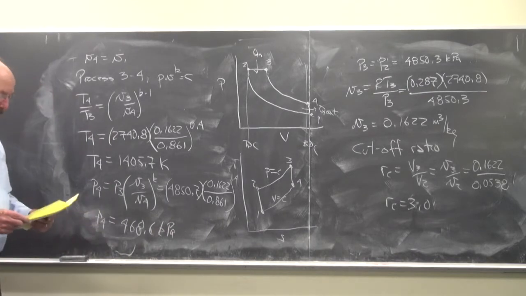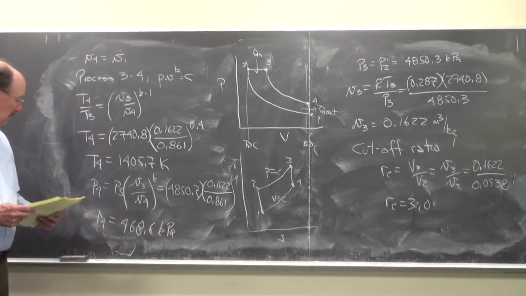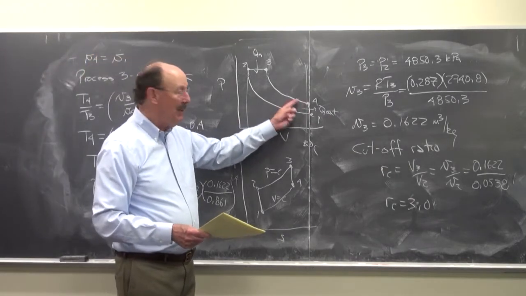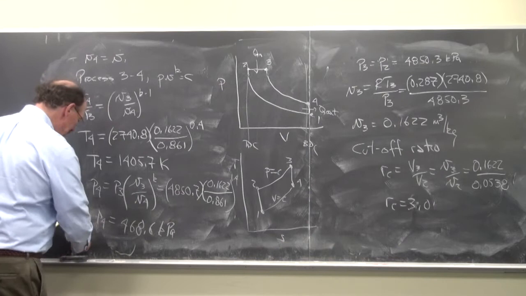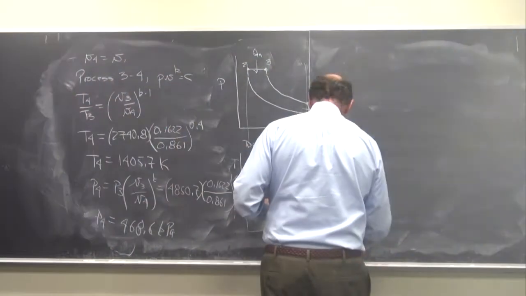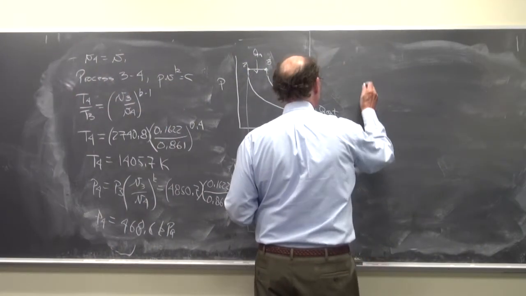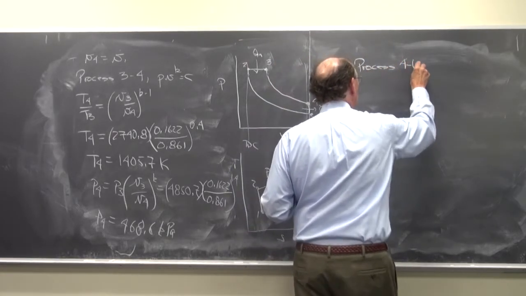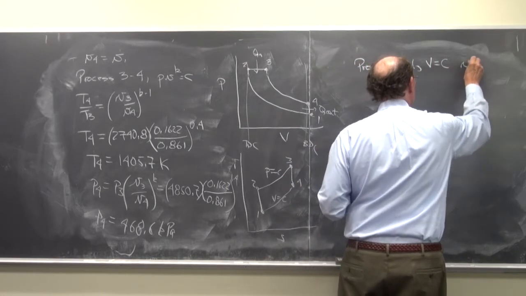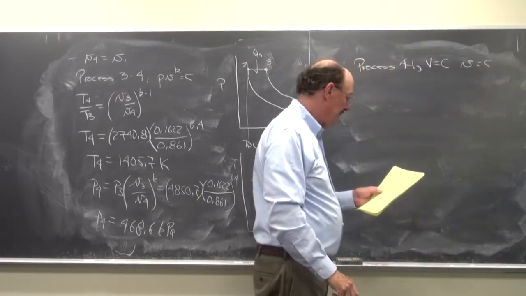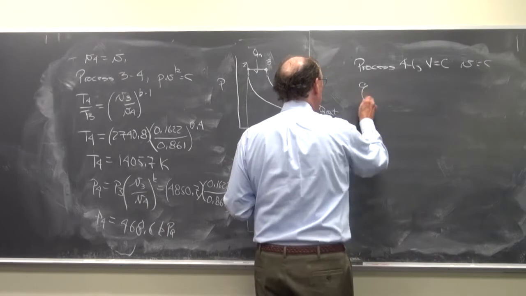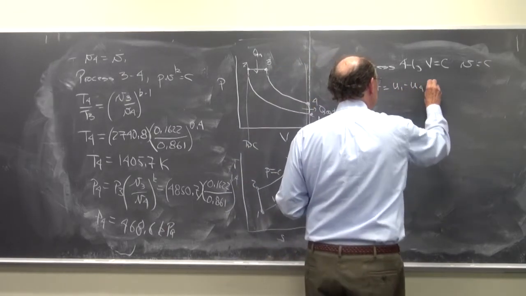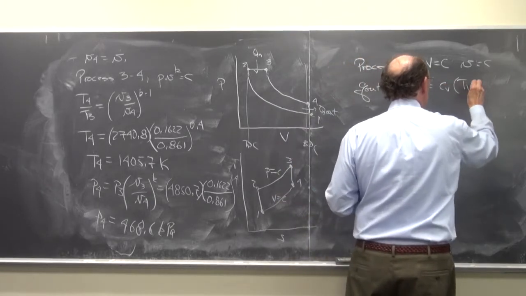So now we've gone all the way around the cycle. Oops, we haven't quite. I got ahead of myself. I have to go from 4 to 1. Wishful thinking. So the process from 4 to 1 is V equals C, or specific volume is equal to a constant. So it's Q out. Q out is equal to U1 minus U4, is equal to C sub V times T1 minus T4.